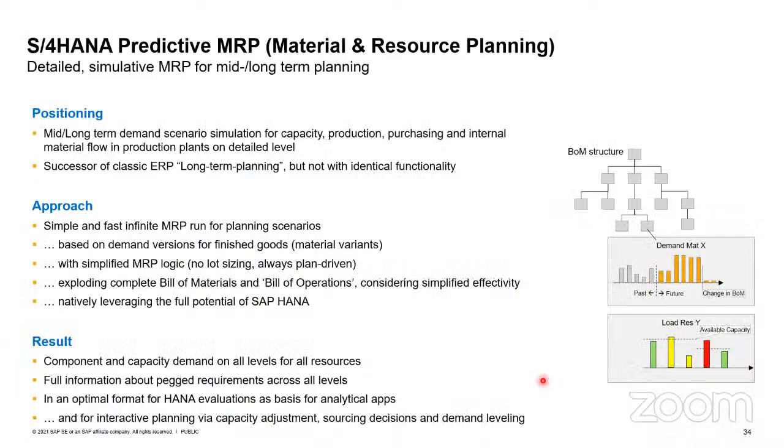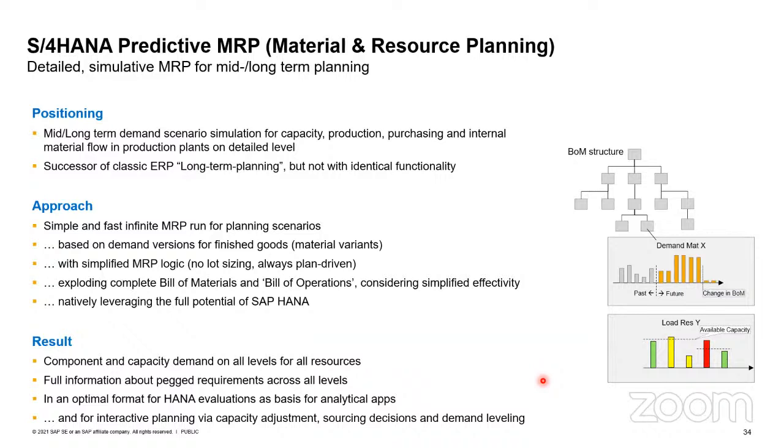So this is the feature which is coming from this area. We also have the SAP S/4HANA predictive MRP, which we discussed in the previous slide also, that provides you in the area of a mid and long term demand scenario, where the planner has to do planning for the entire year before, and a lot of factors are required to be taken into consideration, which include capacity, production, purchasing, and internal material flow.